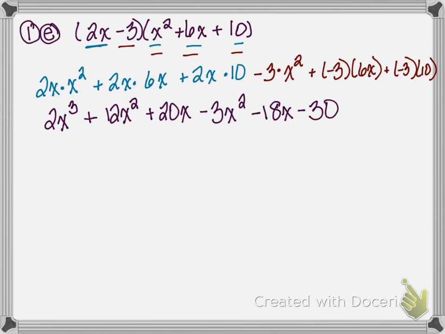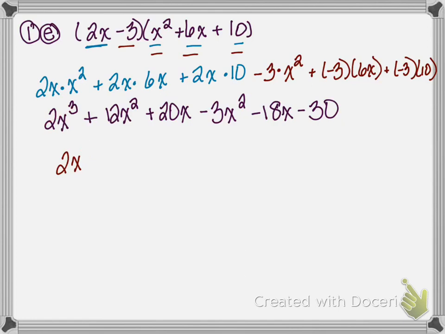Now we have to combine like terms. I always like to mark them out as I've simplified them. First thing I'm going to do is I've got my 2x to the third. There is no other x to the thirds, so I am done with my x to the thirds. I have 2x to the third, and that's it.